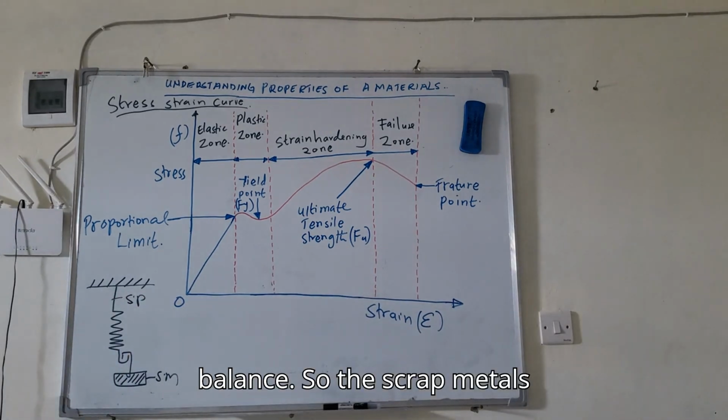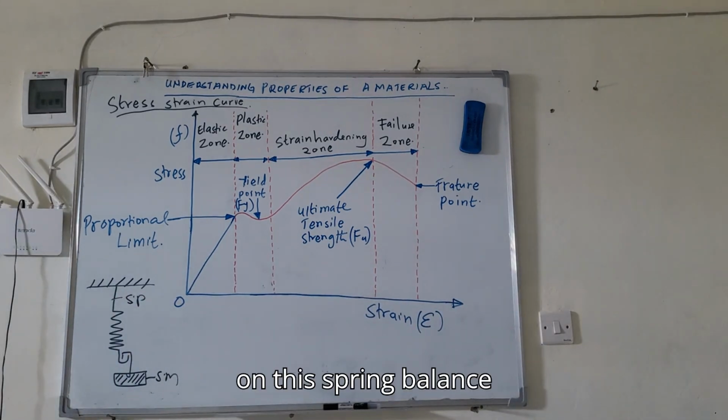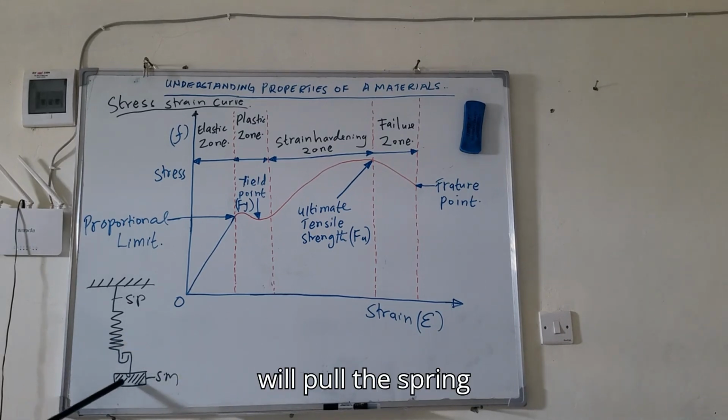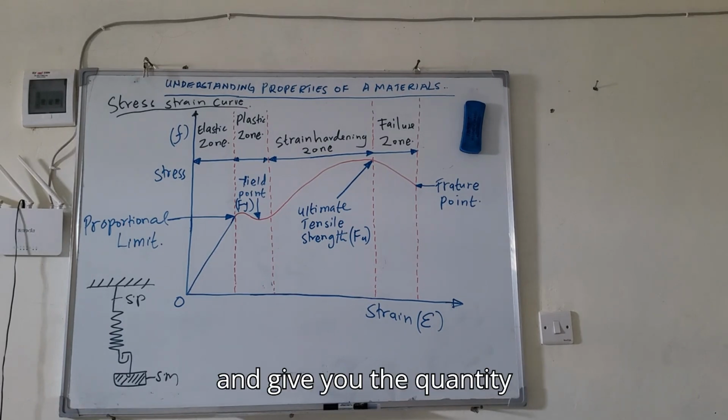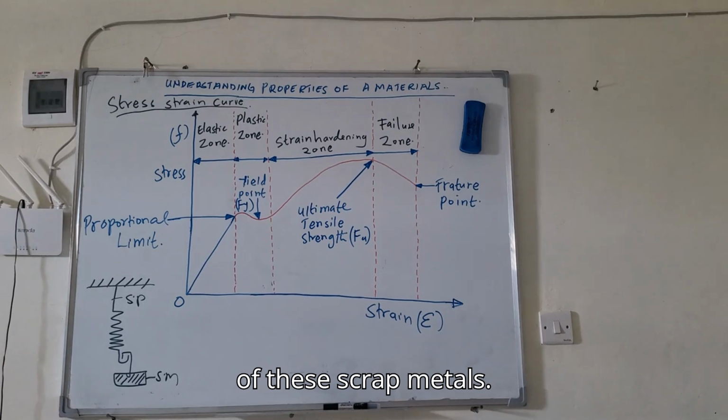So the scrap metals on this spring balance will pull the spring downwards, and then you will be able to read and give you the quantity of these scrap metals.